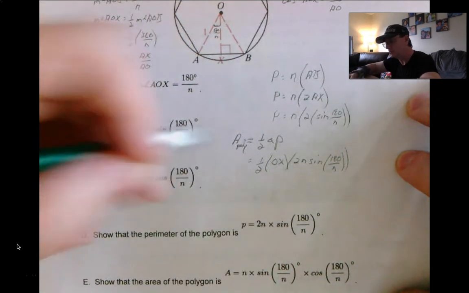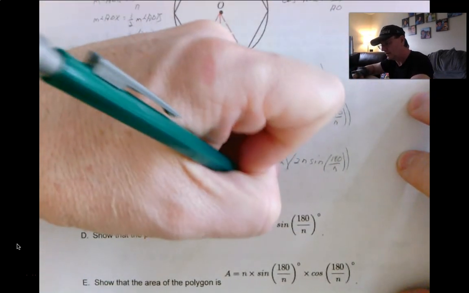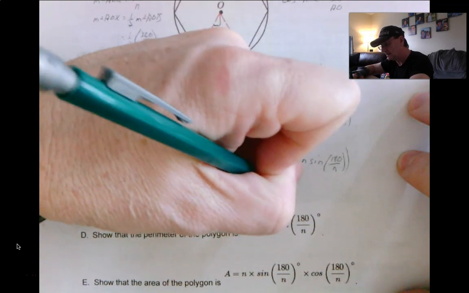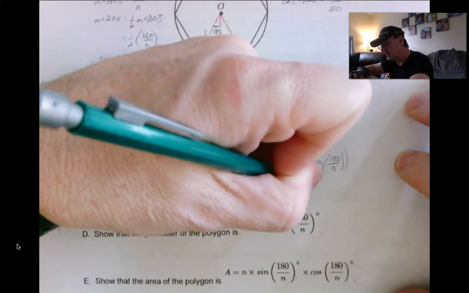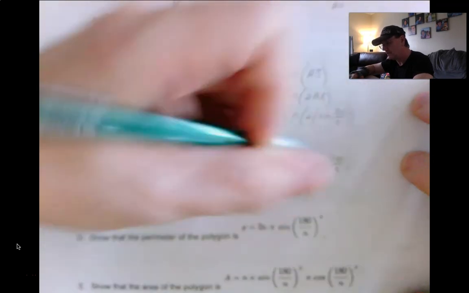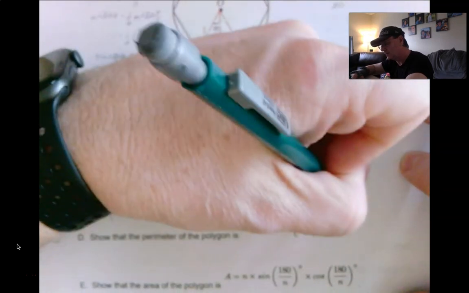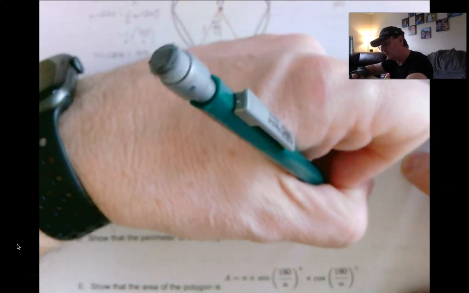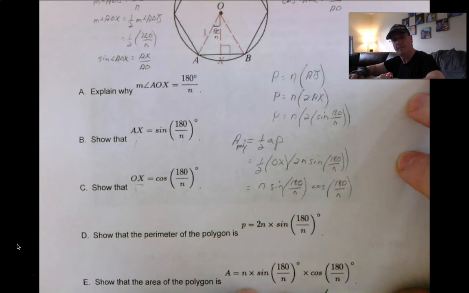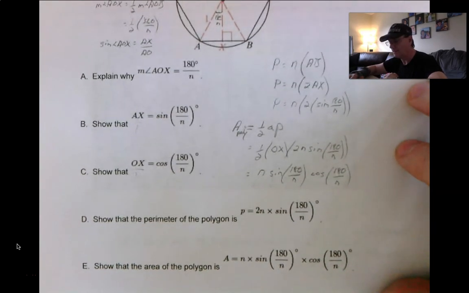Half of 2 is 1. Rewrite things: n sine 180 over n times cosine 180 over n. Here, we've just shown part E.